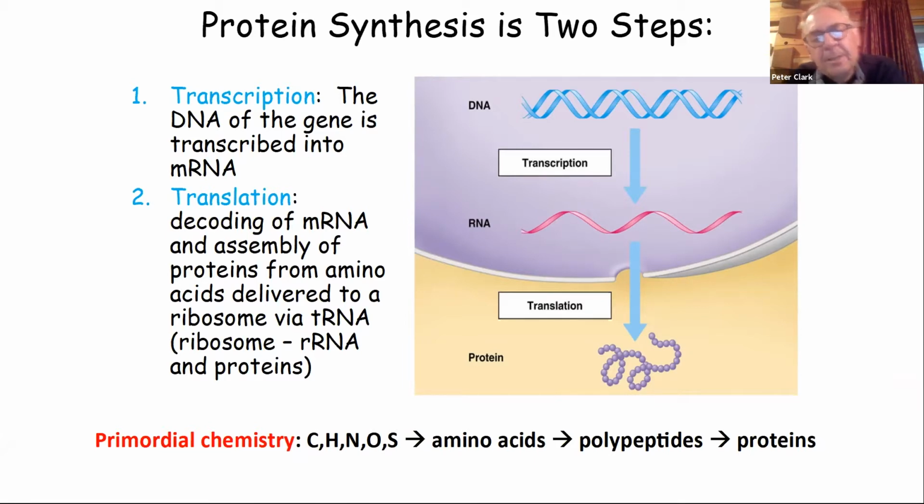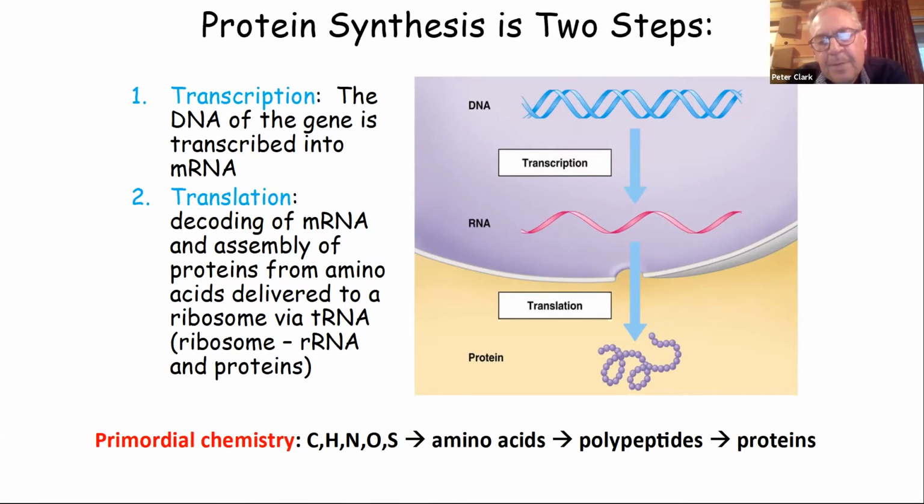And I've written across the bottom of this slide that in primordial chemistry, there must have been some compounds, not just the elements as I've written there, but compounds which lead to amino acids, polypeptides, and proteins. And there is still an ongoing debate as to what came first in the biological world, whether it was proteins or RNA.